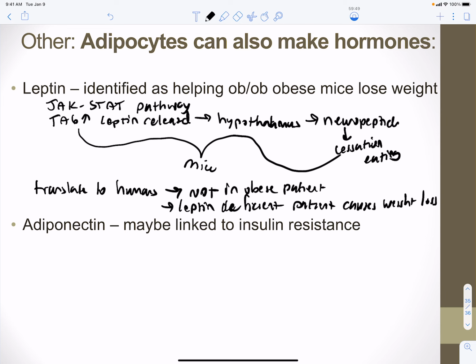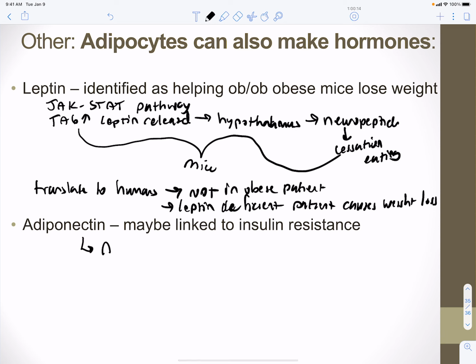Adiponectin is another hormone. This could be linked, or it's thought to be linked to insulin resistance. This gets released from adipose tissue as the size of the adipocytes get larger. So adiponectin is going to bind to two receptors.